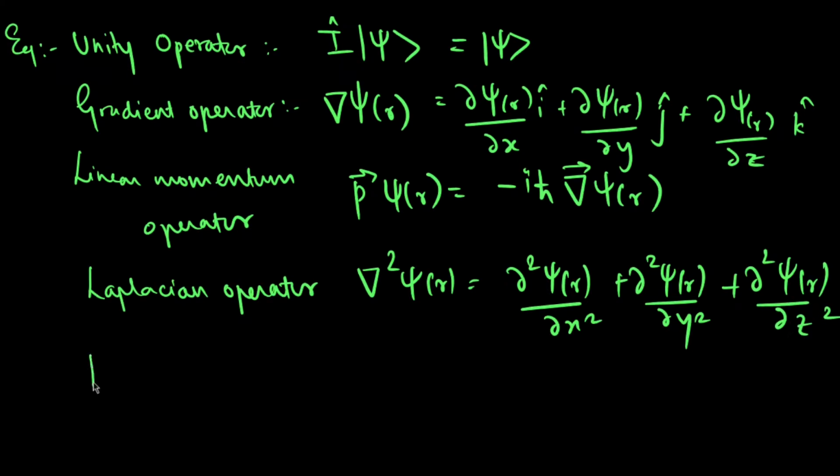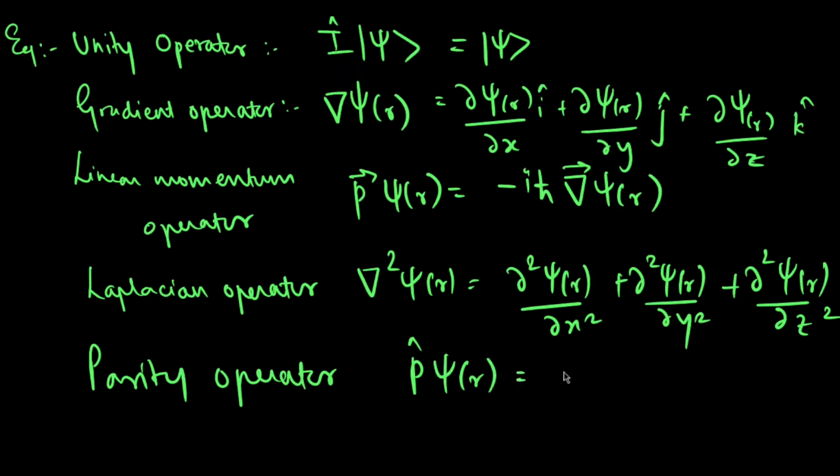Another type of operator is the parity operator. P cap psi r equals psi minus r. It inverses the symmetry. Let's see some algebraic properties.